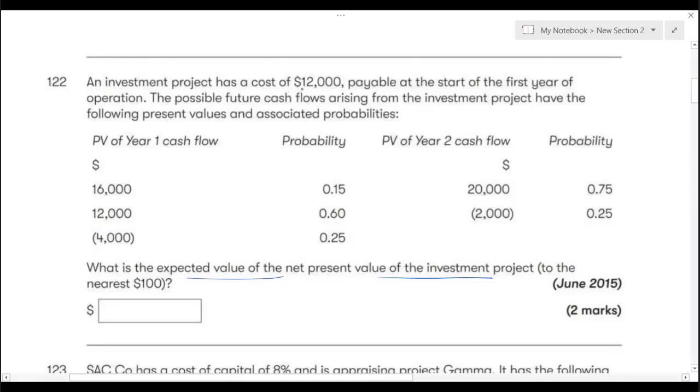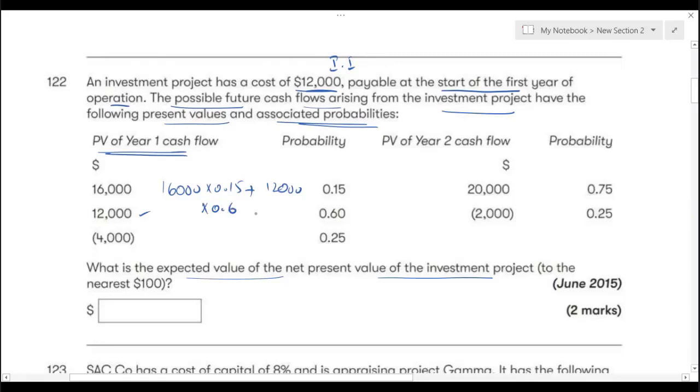What is the expected value of NPV? An investment project has a cost of 12,000, that is initial investment, payable at the start of the first year of the operation. The possible future cash flows arising from the investment project have the following present values and associated probabilities. Look at this, 16,000, that is present value of year 1 cash flow, into 0.15 plus 12,000 into 0.6 minus 4,000 into 0.25.